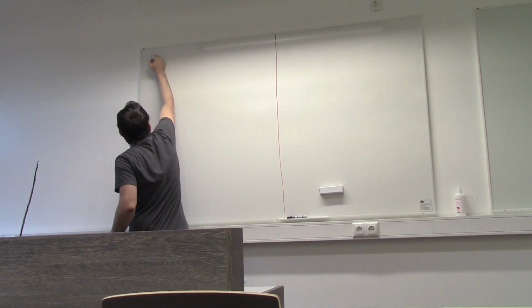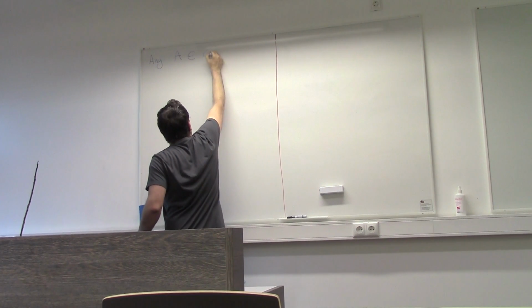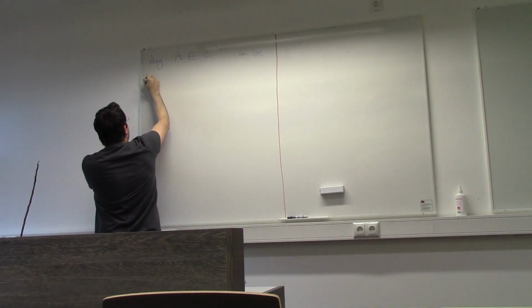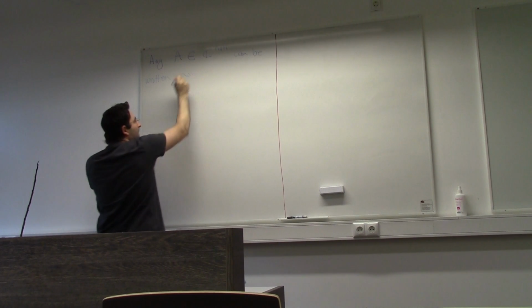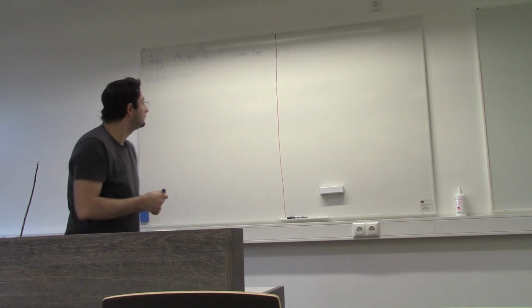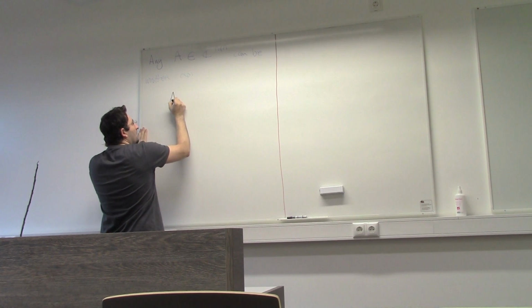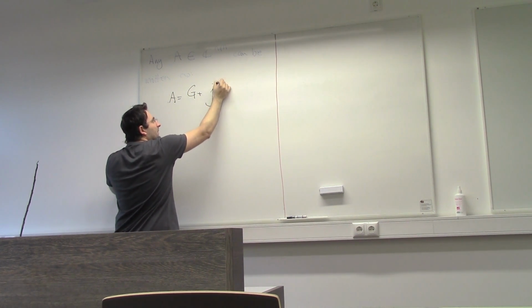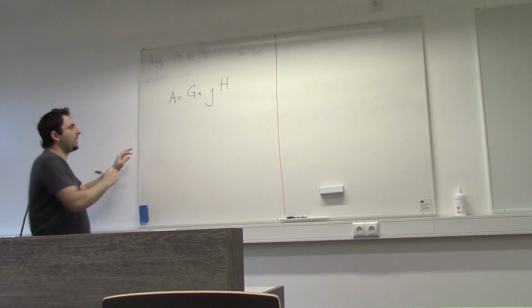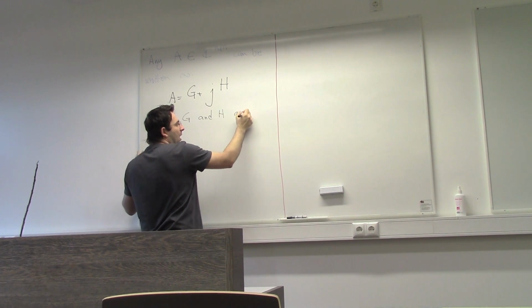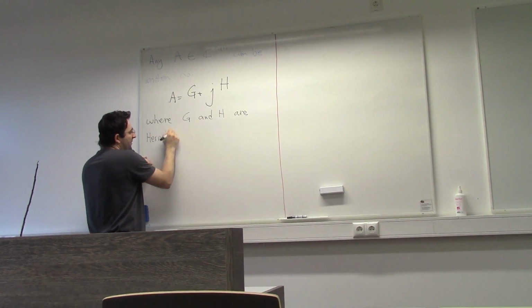And now we can say that any square matrix whose elements are complex numbers can be written as G plus JH, where G and H are Hermitian.